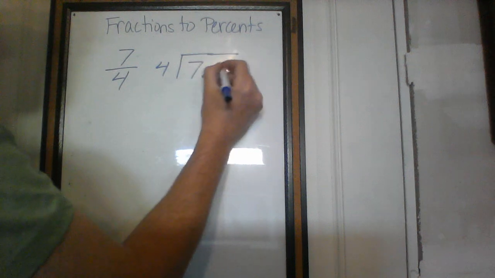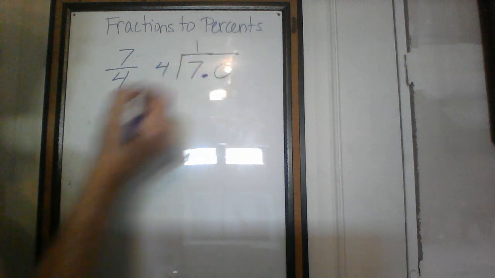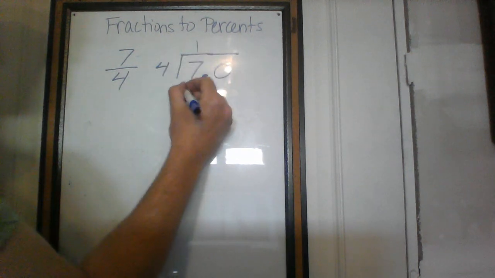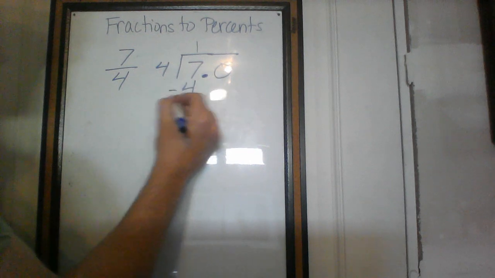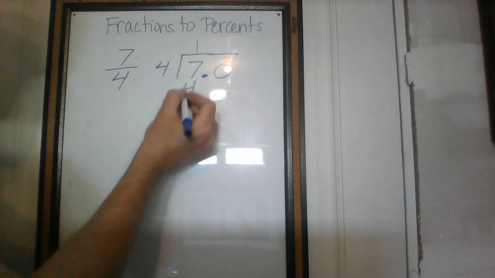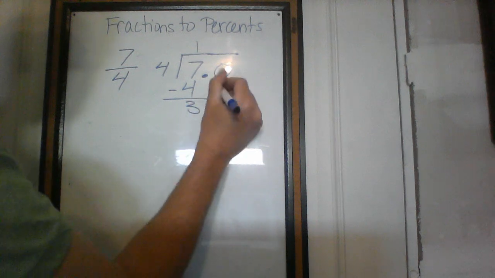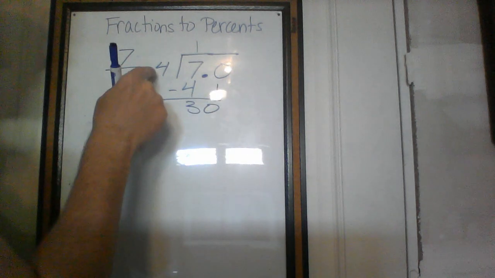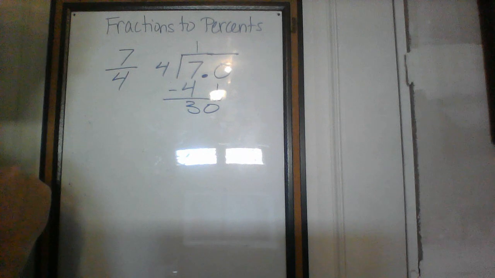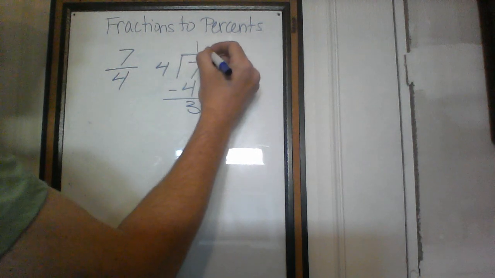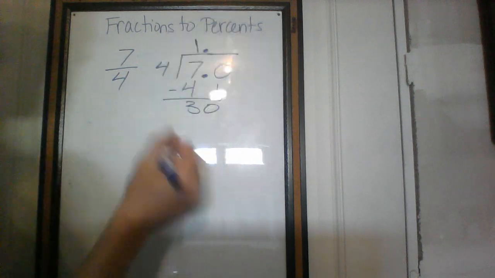Okay, because 4 still fits into 7. It goes in one time. 1 times 4 is 4. And then we subtract. 7 minus 4 is 3. Bring down that 0. 3 fits into 30. Well, don't forget to put our decimal up. I almost forgot that one.